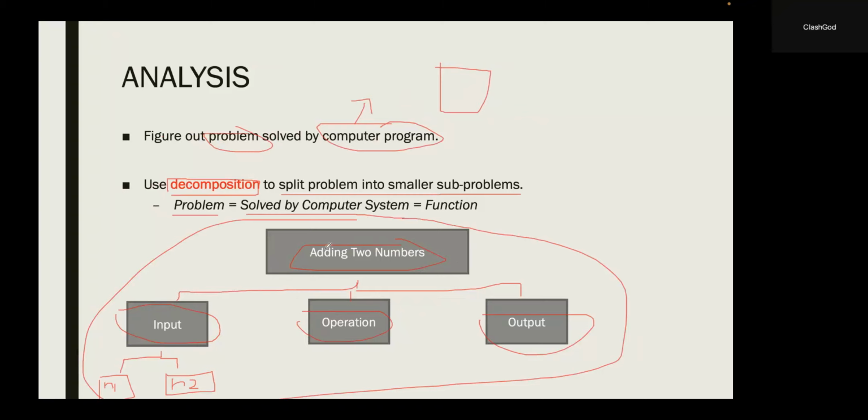Because we're trying to develop a computer program to add together 2 numbers. This large thing is a computer program. But this computer program can be split into smaller computer programs. And these computer programs include input, operation, output. And we can split the input, this small computer program, into even smaller computer programs.